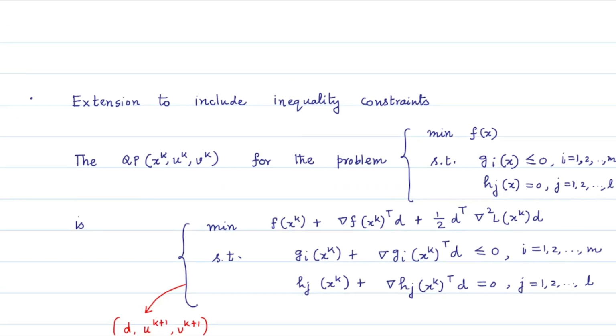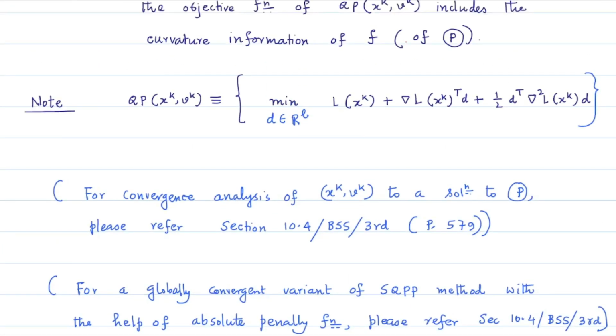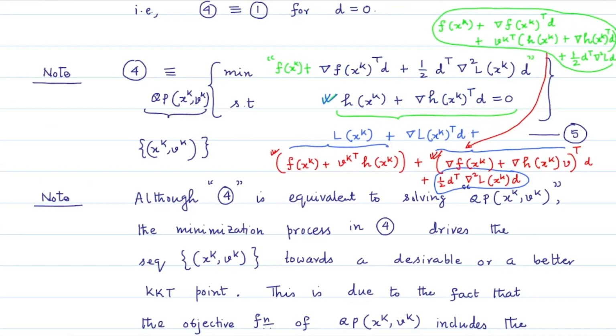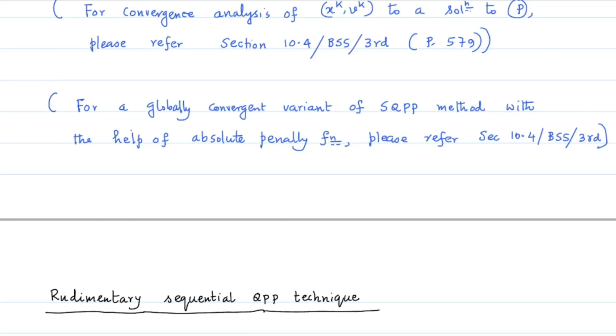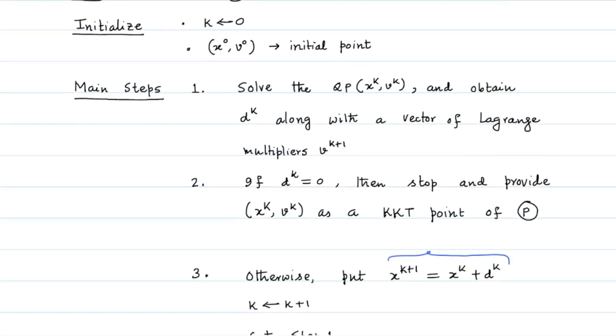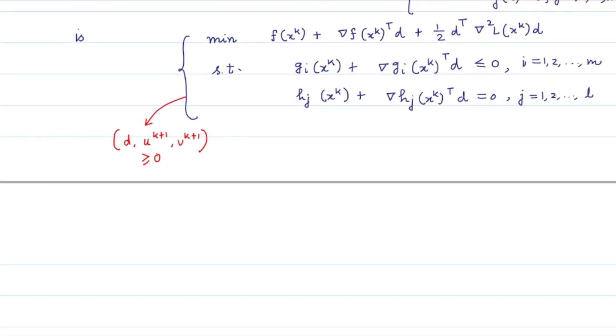Fine. Earlier you noticed that in solving this QP at xk, vk, we were endeavoring to find a solution (d, vk plus 1). Now here, due to the inclusion of inequality constraints, we should also have uk plus 1 in addition to vk plus 1, where uk plus 1 should have all components non-negative.